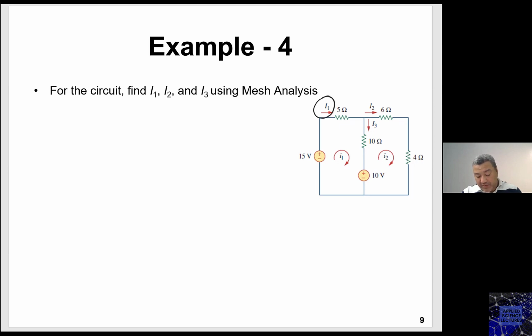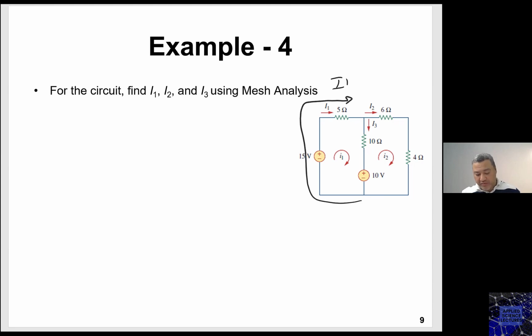Those capital currents are localized currents. Basically, I1 is the current only in this branch, right?